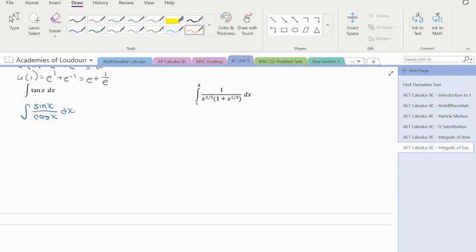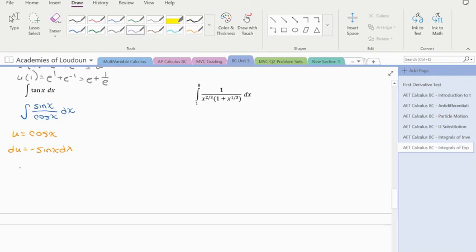Well, this lends itself beautifully to u substitution. Again, choose your denominator to be your u, so cosine x. Du is negative sine x dx.